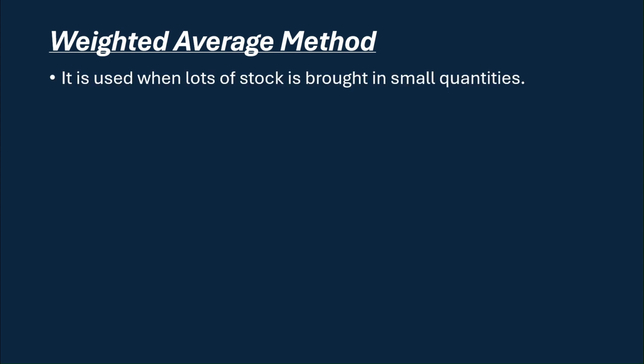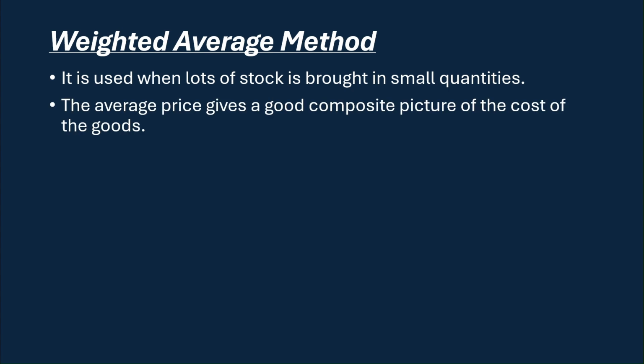So yeah. Then now we head into the weighted average method. With the weighted average method, it is basically used when lots of stock is bought in small quantities. I made a mistake, it's not brought, it's bought. So just remove the R from me there. It is used when lots of stock is bought in small quantities, right?